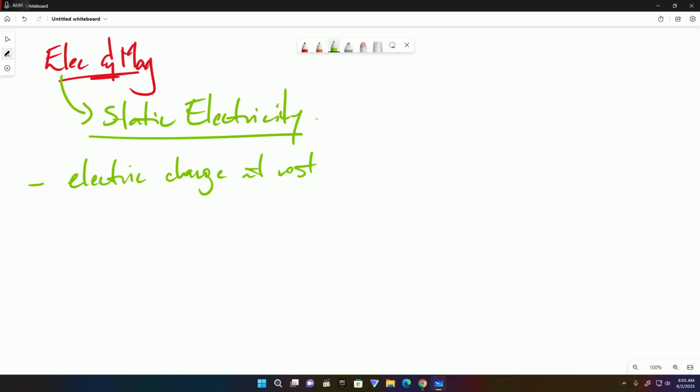Now, static electricity is produced by one of two methods. Friction.